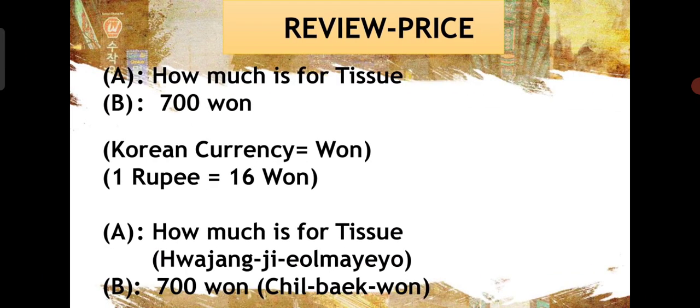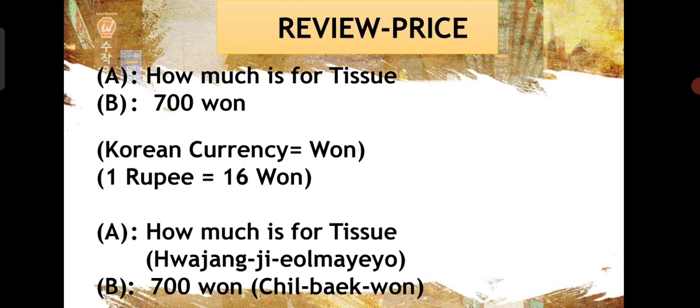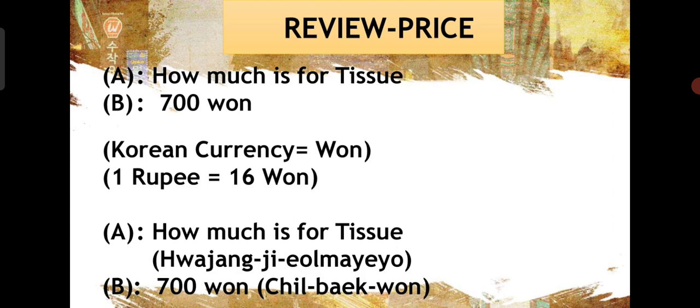Next, we will study about price. So let's review. For example, A asks how much the tissue is and B replies 700 won. You must know that Korea has its own currency, the Korean won, and you are in a convenience store and you have to purchase tissues and ask how much the tissue is, and he will reply 700 won.